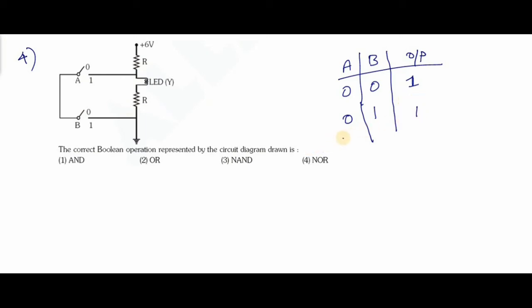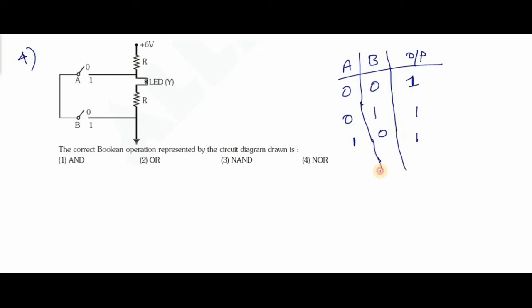In the third case, I am going to open B and close A. So B is kept open and A is closed. Now also it is an open circuit, so no current will flow and all the current will flow through the LED. So output is equal to 1.